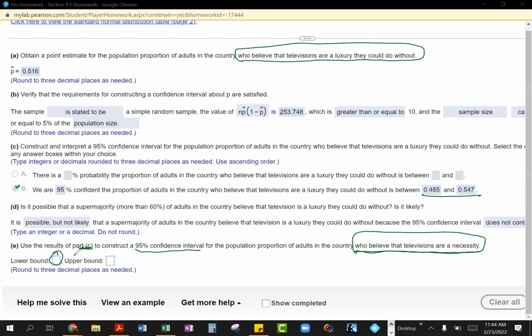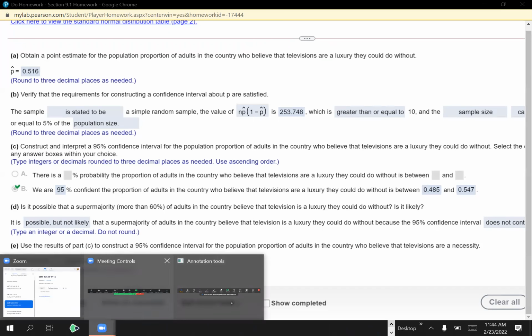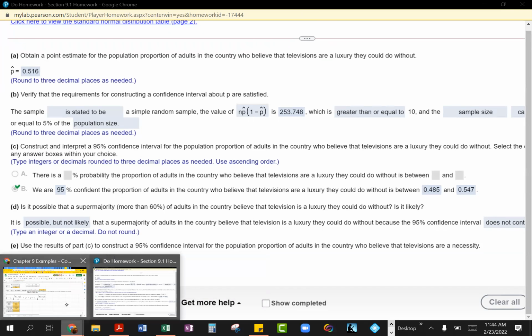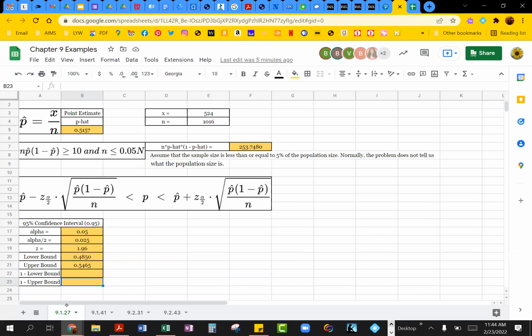So how will we calculate these upper bounds and lower bounds based on answers from part C, which was a 95% confidence interval for the other group of people? And obviously you will see I've given you the space over here to do that. So we know what the confidence interval for people who can do without is, but now this is about people who think it's a necessity.